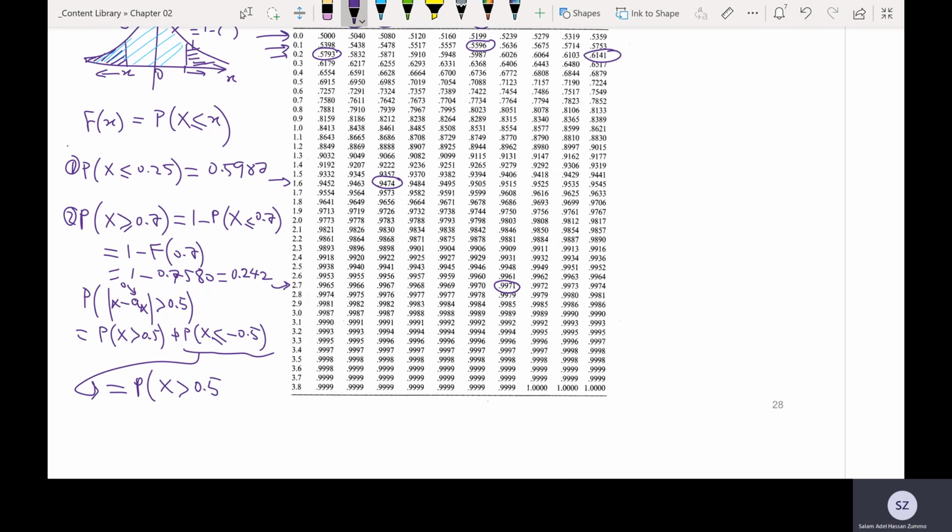But what is the probability that X is larger than 0.5? 1 minus probability that X is less than or equal to 0.5, which is equal to 1 minus F of 0.5. So, what is F of 0.5? So it's 1 minus 0.69, which is 0.31.